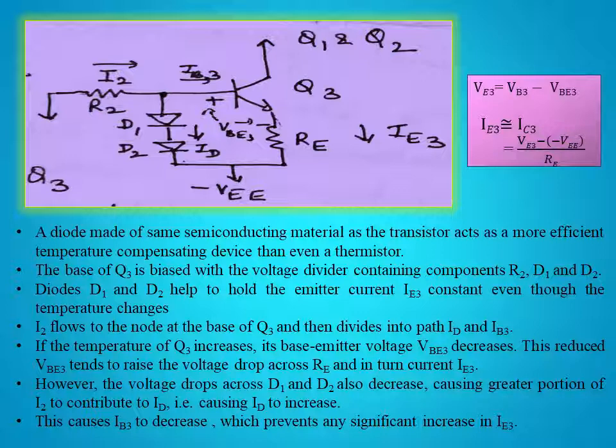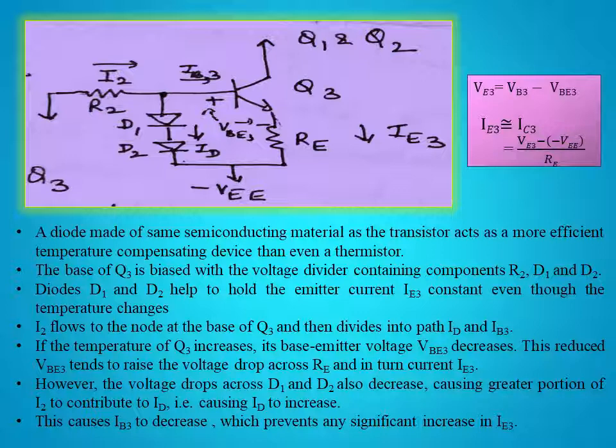However, the voltage drop across D1 and D2 also decreases, causing a greater portion of I2 to contribute to ID. So if the voltage across D1 and D2 decreases, then more current flows through the diodes.